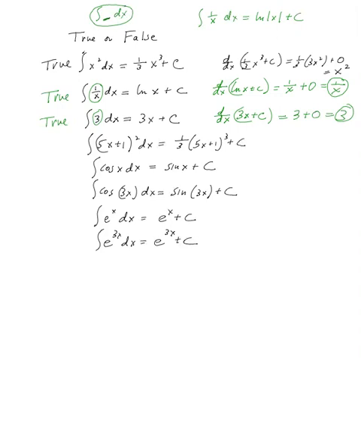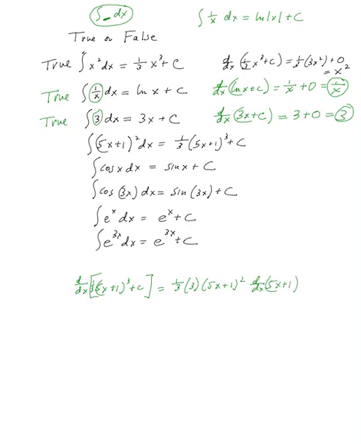Okay, let's check this one. I'm running out of room here to check. How about the derivative with respect to x of 1/3 times 5x plus 1 cubed plus a constant? Let's check that and see if we get 5x plus 1 squared. 1/3 comes out front. Power rule. Chain rule says I've got to multiply by the derivative of the inside.